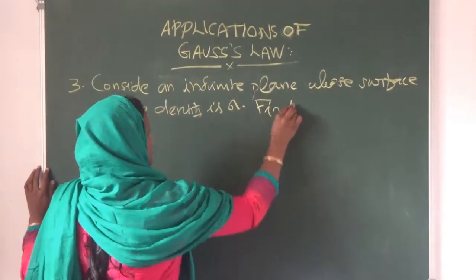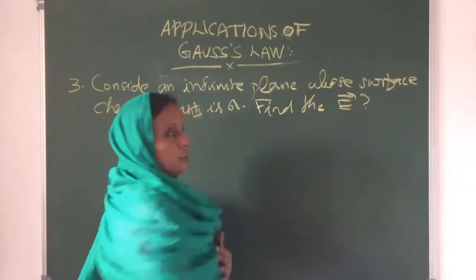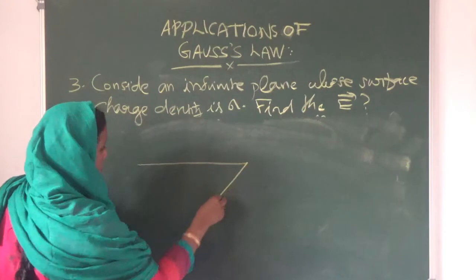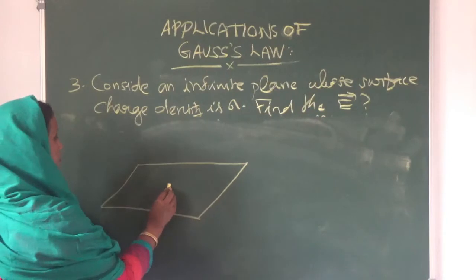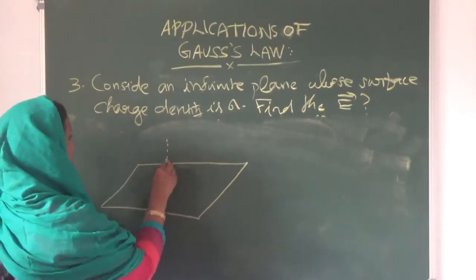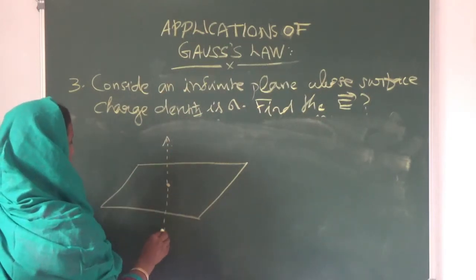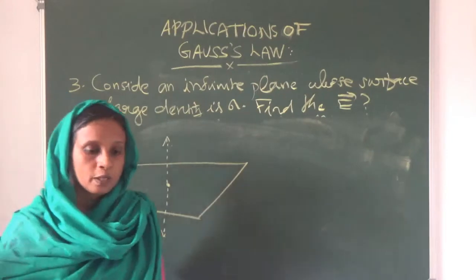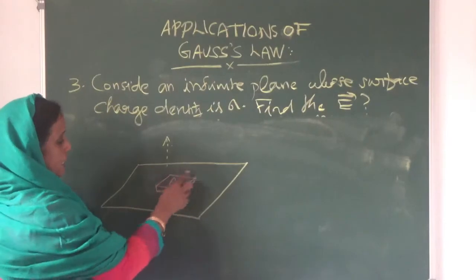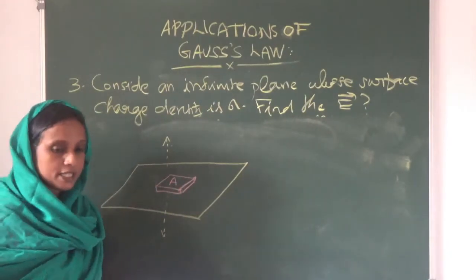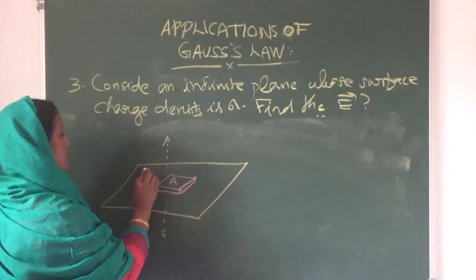Find the electric field. Suppose this is the infinite plane, then the electric field from the upper surface is like this, for the down surface it is like this. Now, due to the planar symmetry of the problem, this is our Gaussian pillbox whose area is given by A. Similarly, it is given that the surface charge density of this infinite plane is sigma.